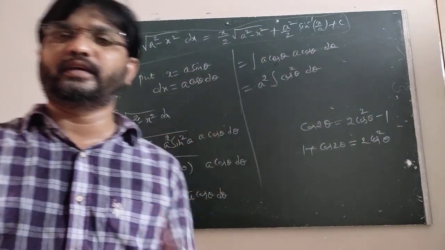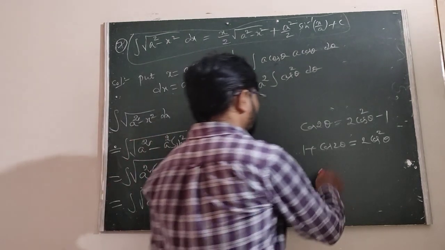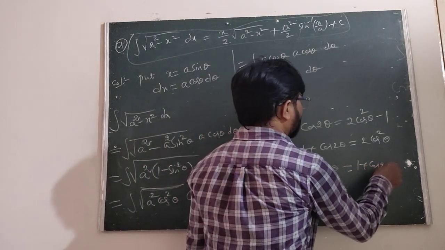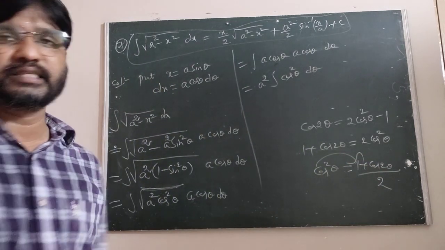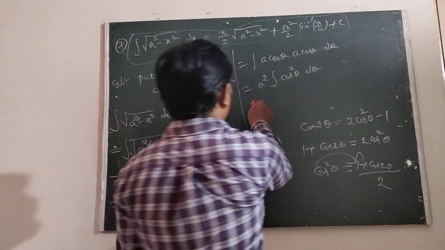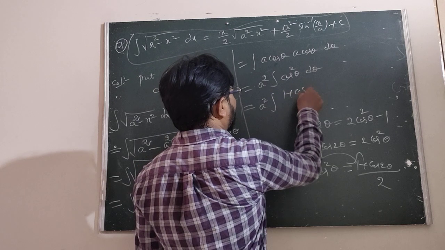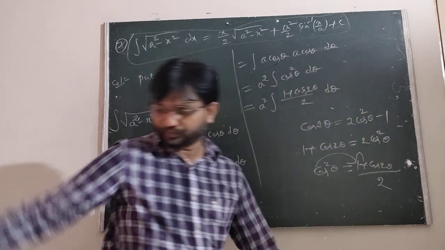The 2 goes to the other side, so we get cos square theta equal to 1 plus cos 2 theta by 2. Therefore, a square into cos square theta is a square times 1 plus cos 2 theta by 2 d theta.